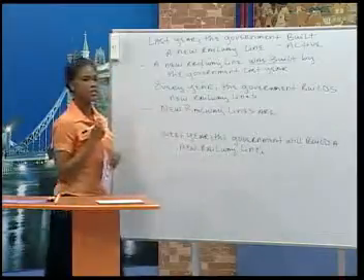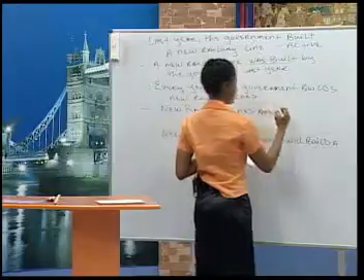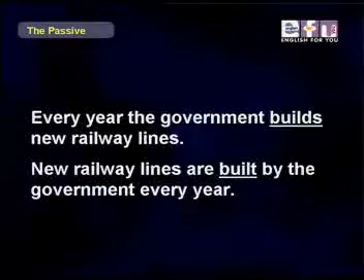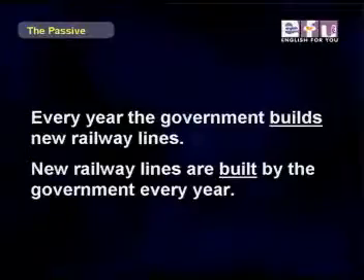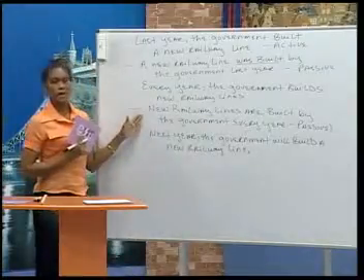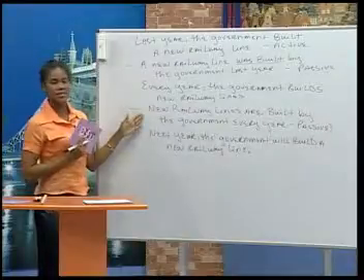Do we need a past participle? Yes, because we're making a passive sentence. Okay, so new railway lines are built by the government every year. Very good. This is our second passive sentence.